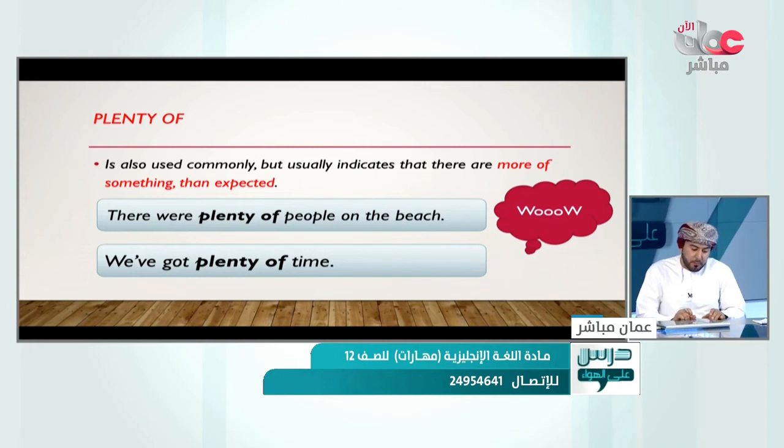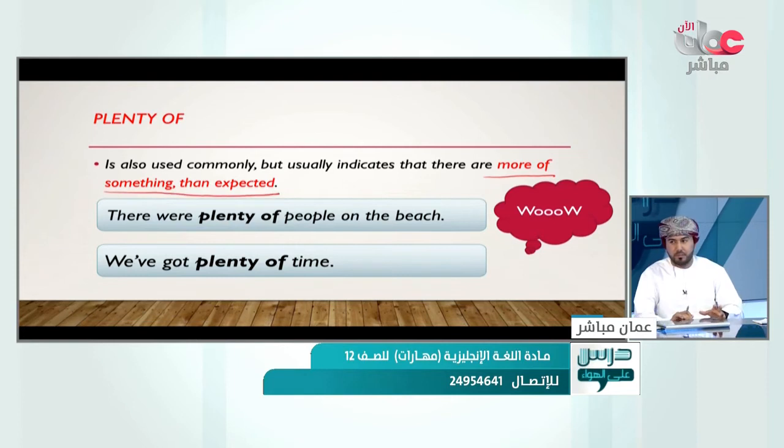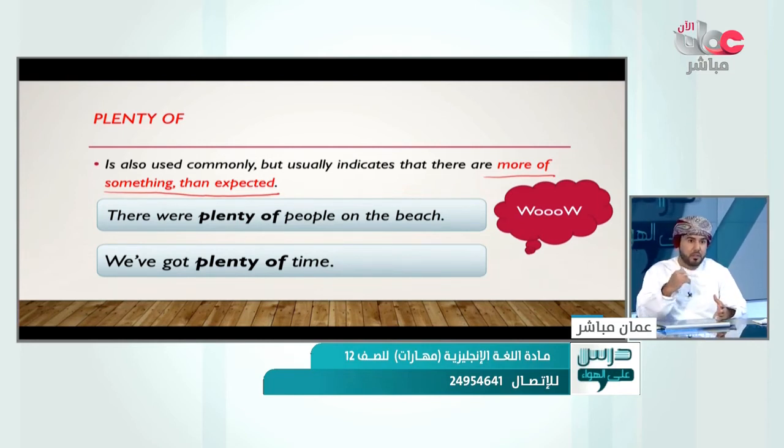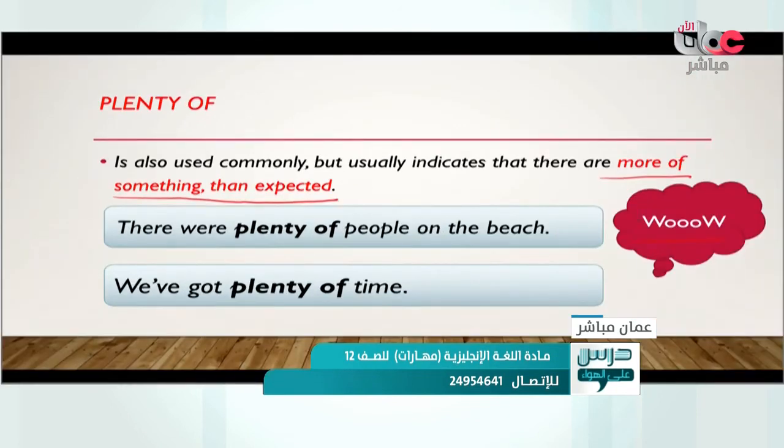We have plenty of. Plenty of also indicates that there are more of something than expected. There are many things, a large number of things, more than you expect. Look at this: there were plenty of people on the beach.